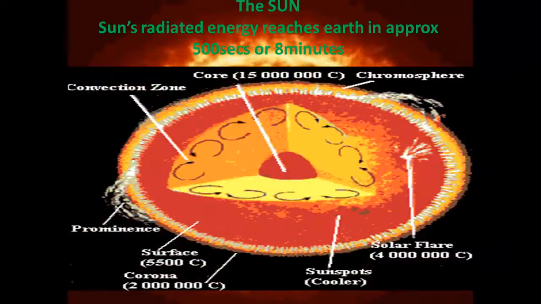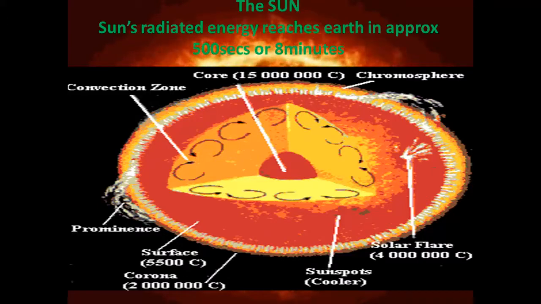this is the temperature difference between various layers of the sun. The core being the innermost layer of the sun, where all the fusion reactions are happening and a lot of heat energy is being produced when hydrogen is converted to helium, further being converted to beryllium or carbon, oxygen, neon, and in massive gigantic star it further goes on when oxygen again combines to form silicon, and then iron is formed, magnesium is formed.